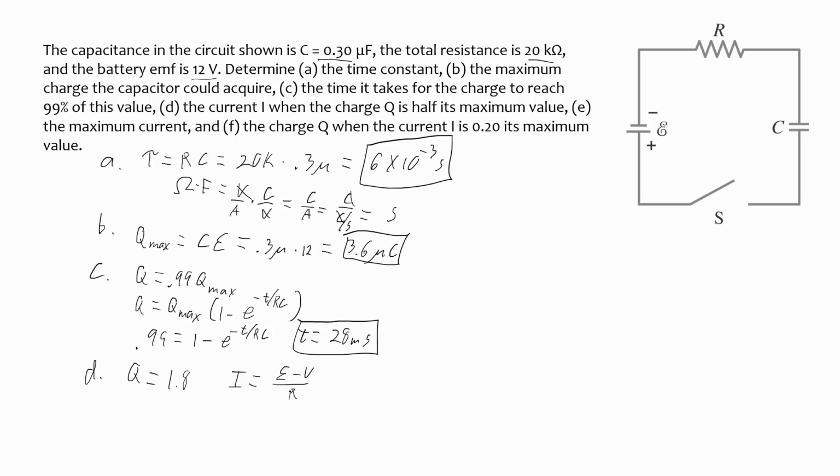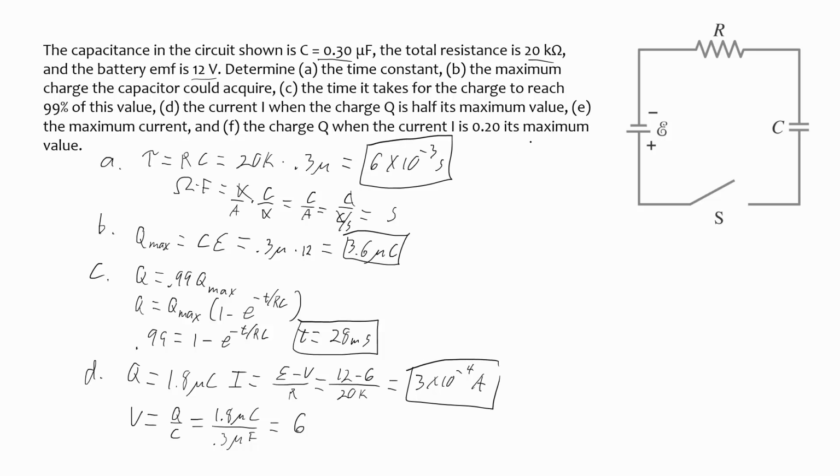We already know the value of E and R, but we can find the value of V pretty simply just by taking Q over C, because C is constant, so if I know Q, then I can also find V. So we've got 1.8 microcoulombs over the capacitance, which was 0.3 microfarads. So we know that the voltage on the capacitor is 6. Battery voltage told us was 12 minus 6 all over the resistance of 20,000. And this works out to be 3 times 10 to the negative 4th amps.